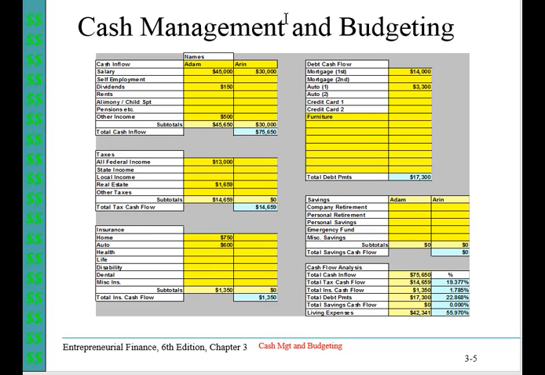So in the end, we've looked at what? Here's cash inflows, here's the taxes, insurance, the debt cash flows. We haven't talked yet about savings. And as you can see here, this family has nothing going into any savings. There's no emergency fund, no personal savings, and probably what's even worse is there's no retirement savings.